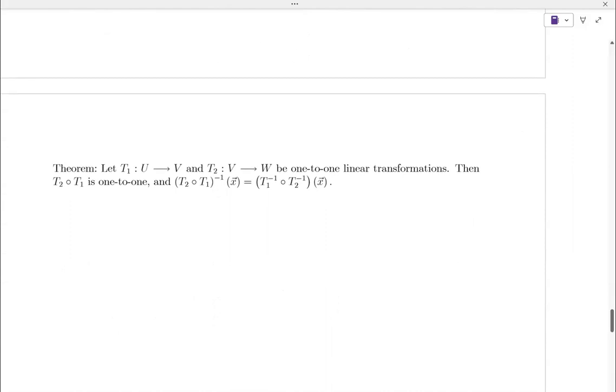This next theorem shouldn't be a huge surprise because it's the same idea with functions, right? If we want to do the inverse of a composition, we do the composition of the inverses, but we need to reverse the order when we do that. Okay?